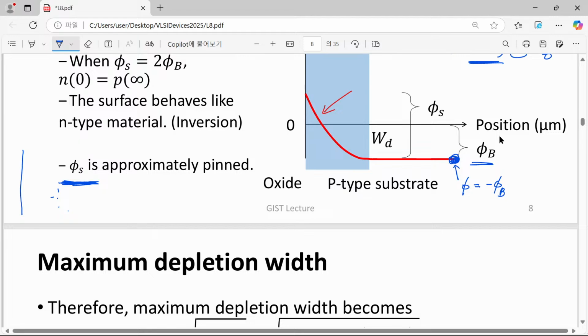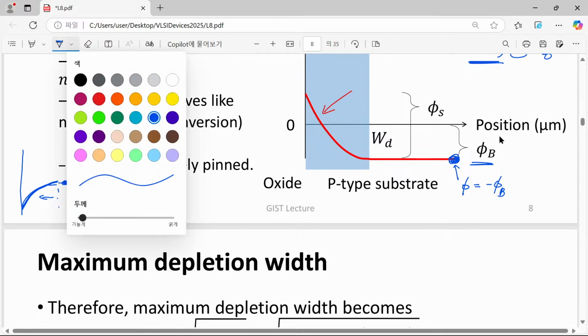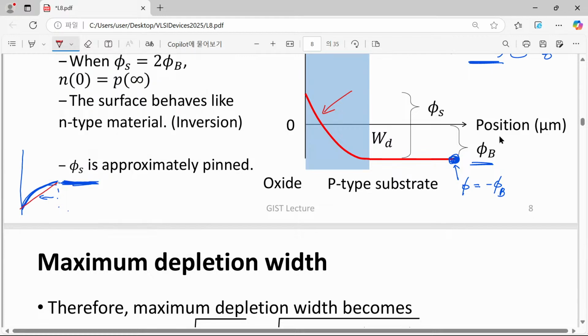However, beyond this point where you have depletion, you have to draw a parabolic line. If somebody writes it as a straight line, it's not that correct. This parabolic behavior ends at the depletion width. So are you with me?